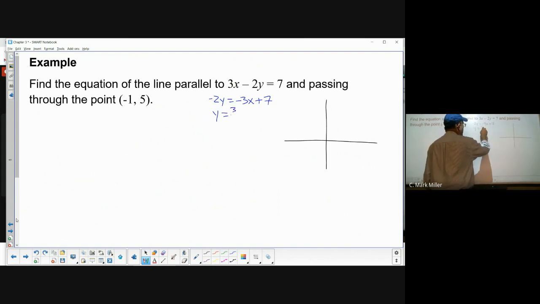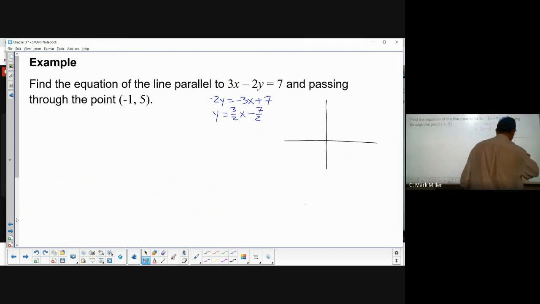Y is 3/2 x minus 7/2. So that line is going to have a slope of 3/2, and goes through -7/2. Slope of 3/2. You don't have to be real fancy. This point, -1, 5, is up here.